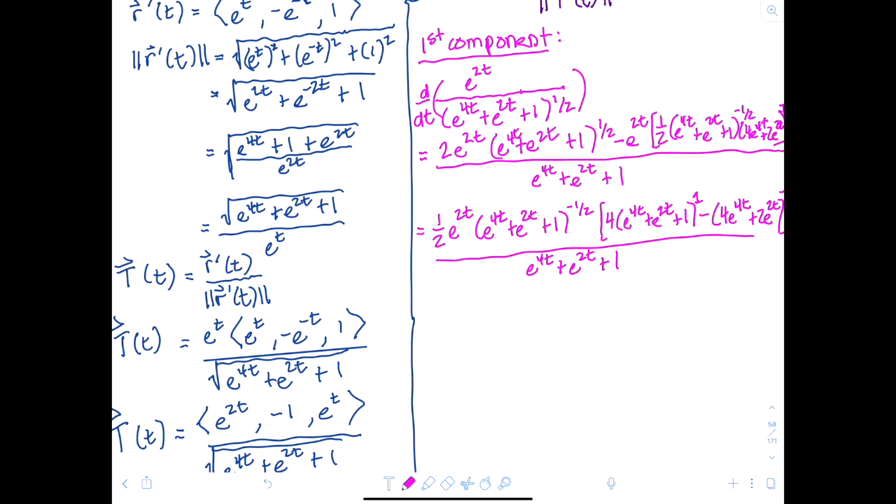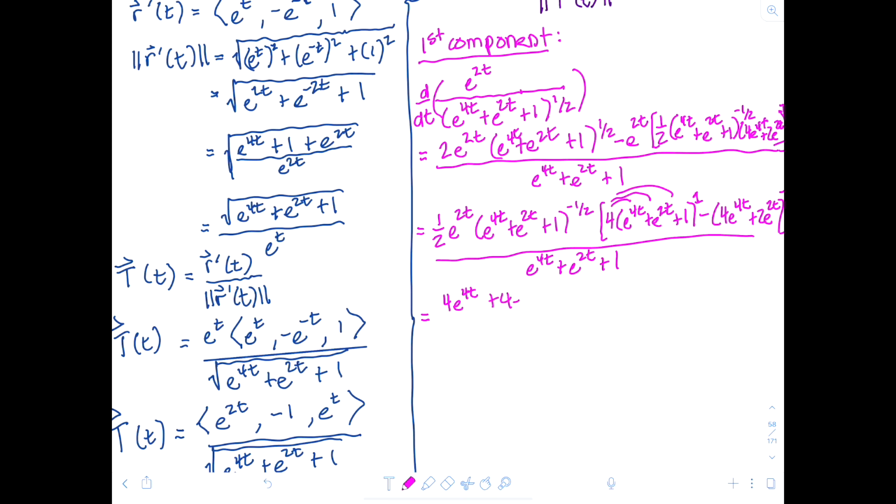Okay, now dropping that big trinomial that's to the negative 1/2 down to the denominator, let's see what I'm going to have. I'm going to end up with 4e to the 4t. Now I'm distributing this.